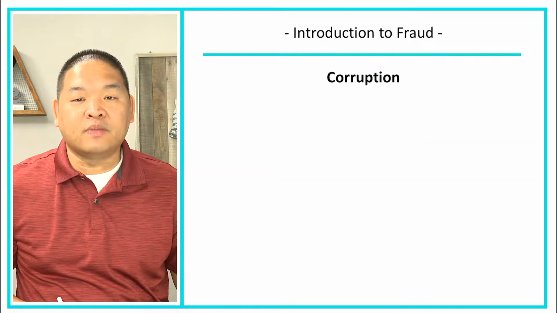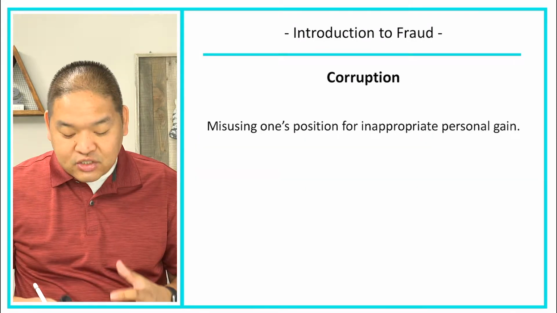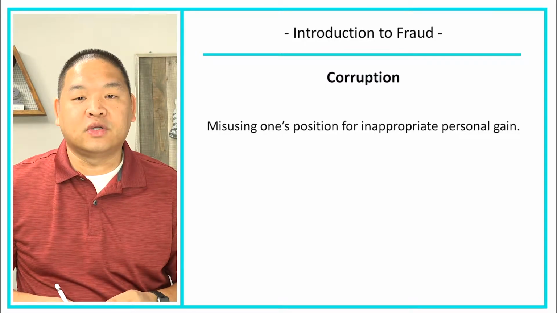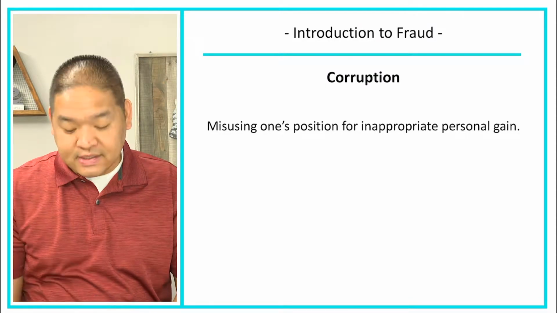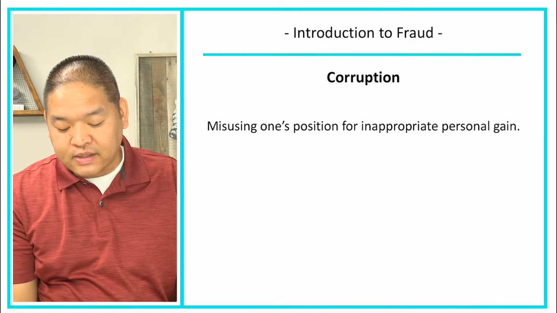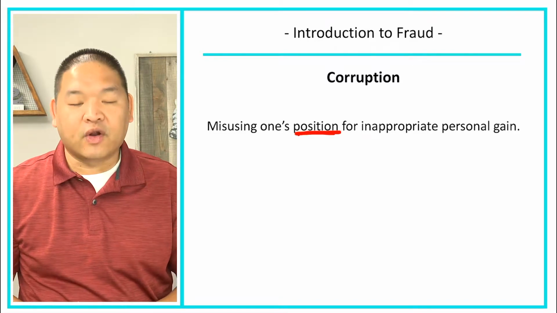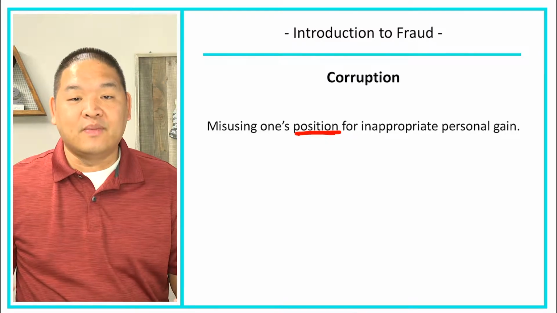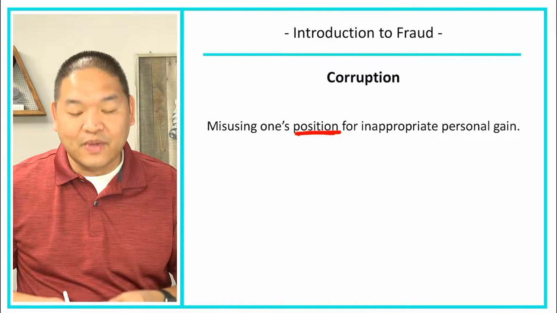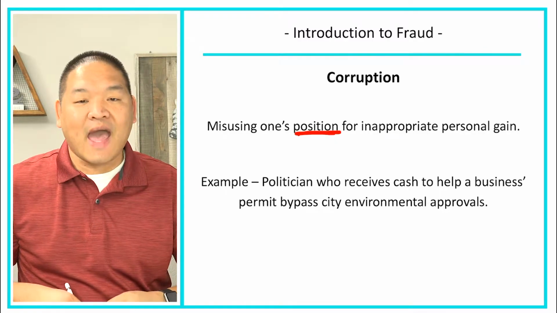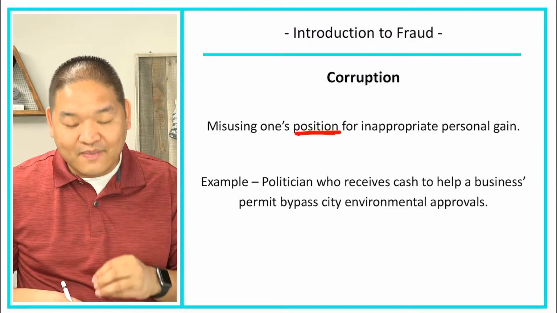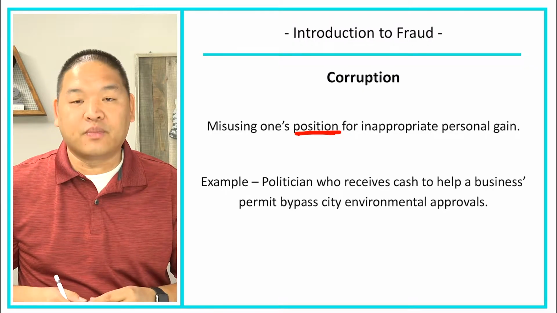So what is corruption? Corruption is the misuse of one's position for inappropriate personal gain. The key word in this is misusing one's position for an inappropriate personal gain. An example of this would be a politician who receives cash to help a business permit bypass city environmental approvals.